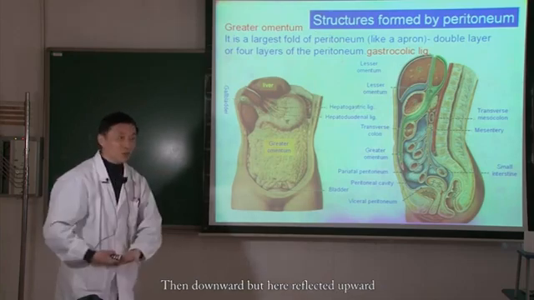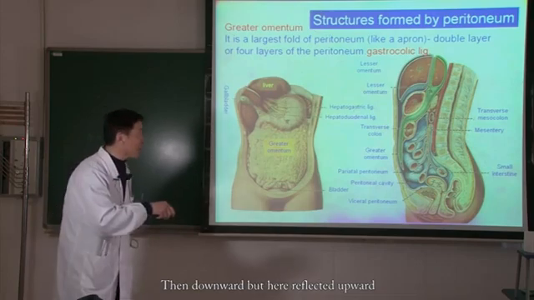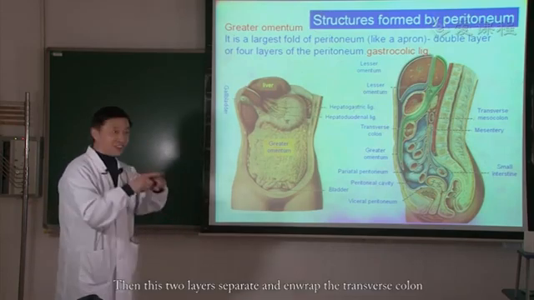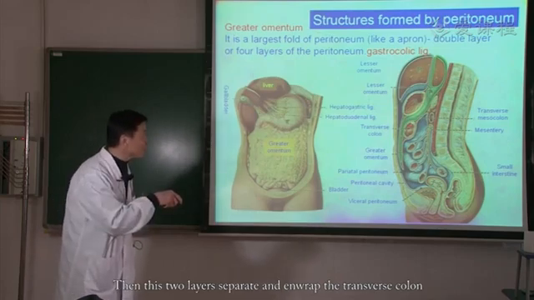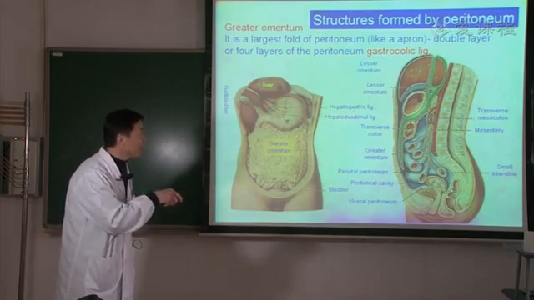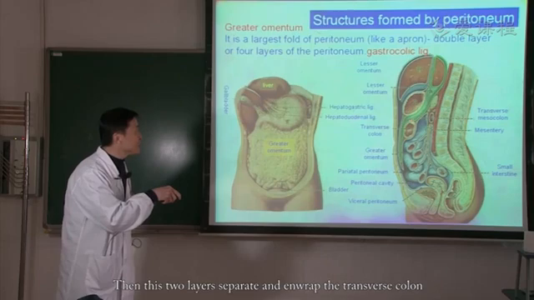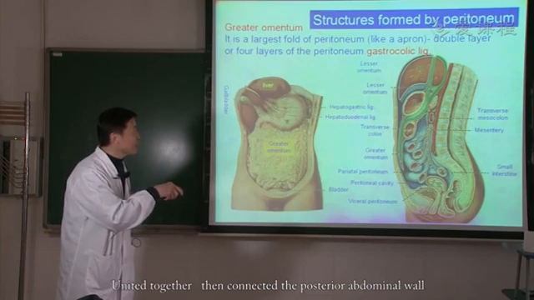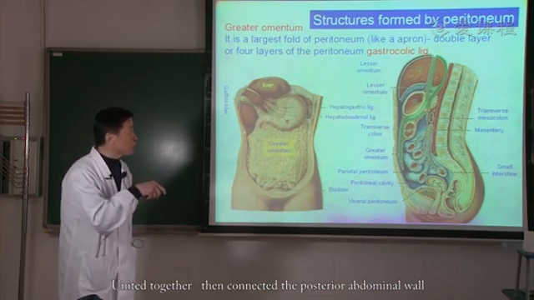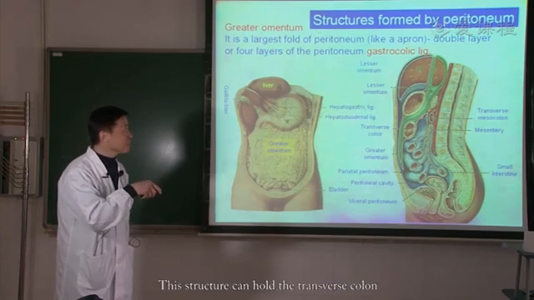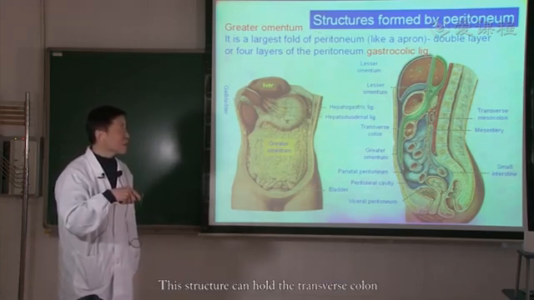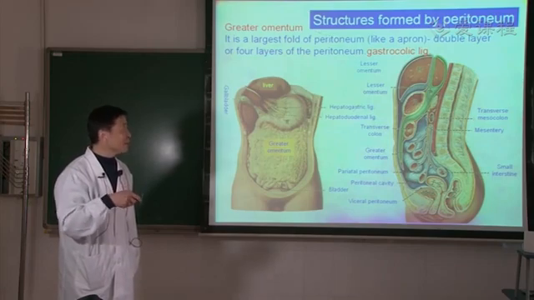But here they reflect upward. Then these 2 layers separate and enwrap the transverse colon, united together, then connect to the posterior abdominal wall. This structure can hold the transverse colon.